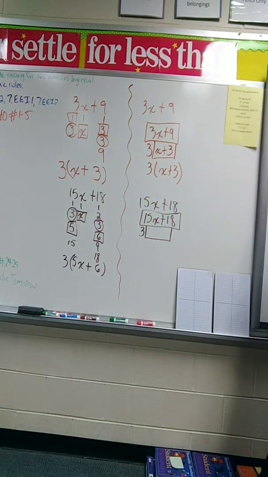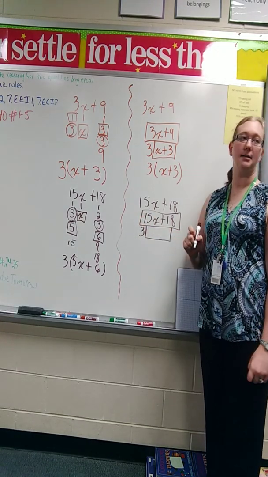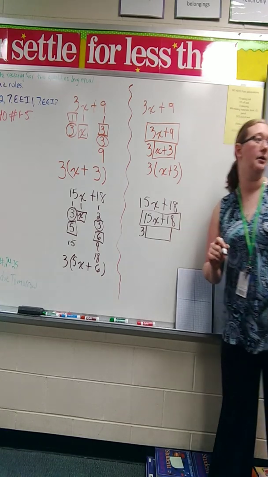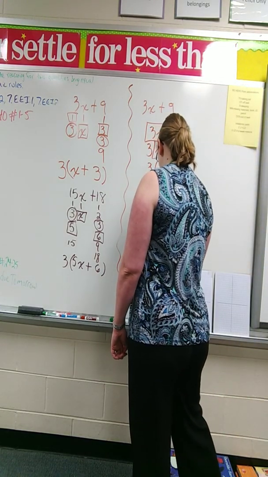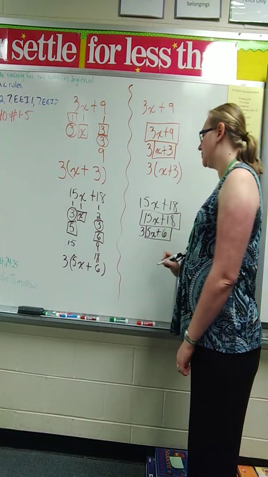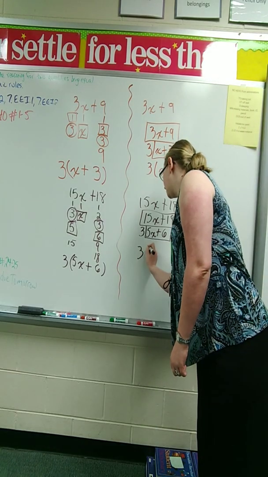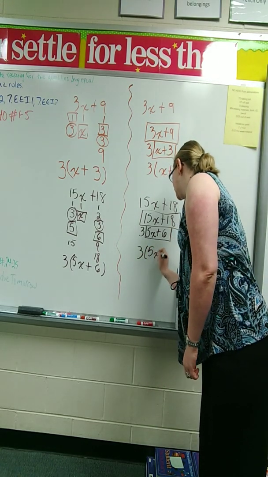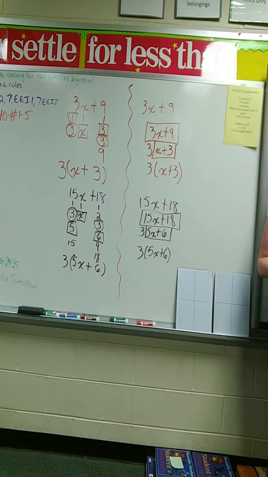I'll make my cake a little prettier this time. What times 3 gets me 15x? 5x. What times 3 gets me 18? So, writing in appropriate mathematical form, 3 times the quantity 5x plus 6. Questions?